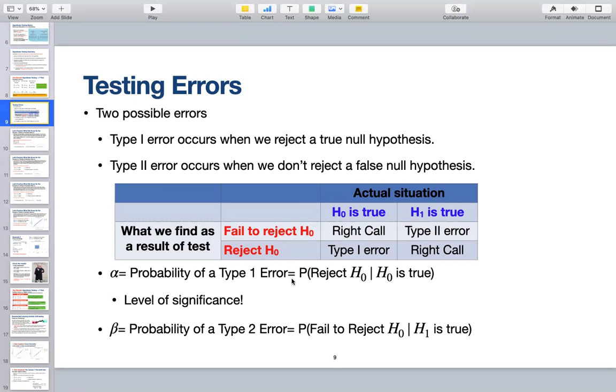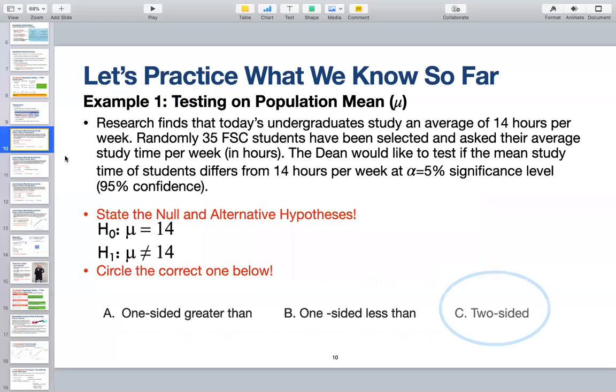The type 1 error is rejecting the null hypothesis when actually the null hypothesis is true. That is a percentage, and we control that percentage before we even run the tests, right? It is in our hands. So let's see in practice what we have learned so far.